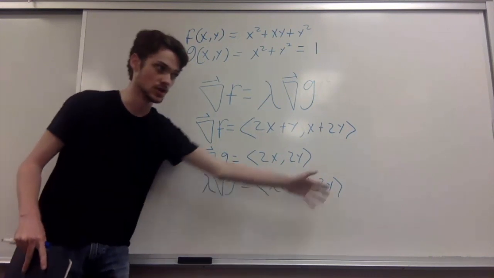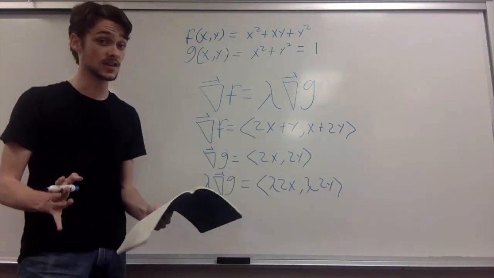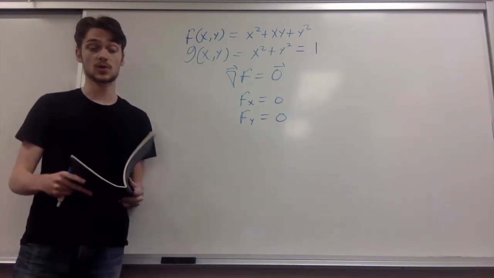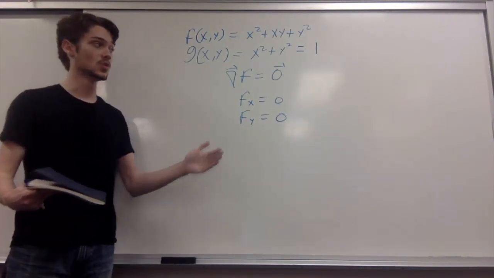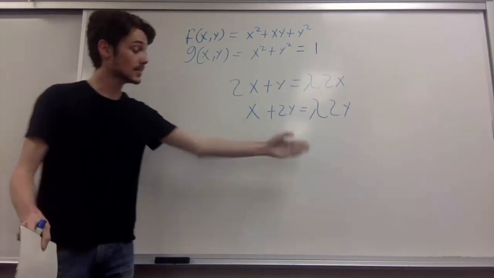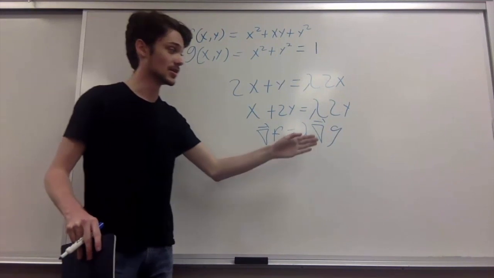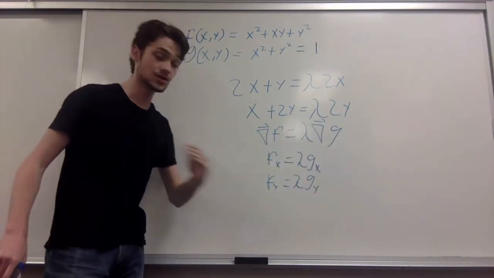We multiply each of the components by lambda. What this gives us is a system of equations, because if grad f equals lambda times grad g, we're going to get this.